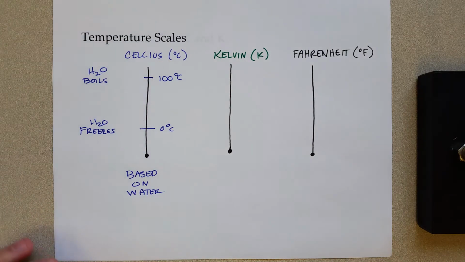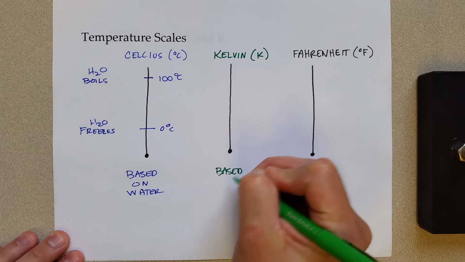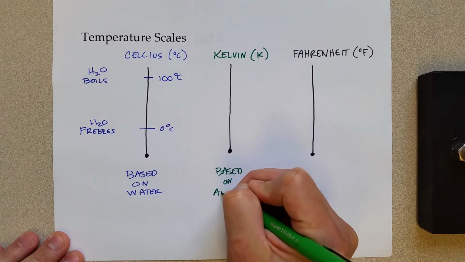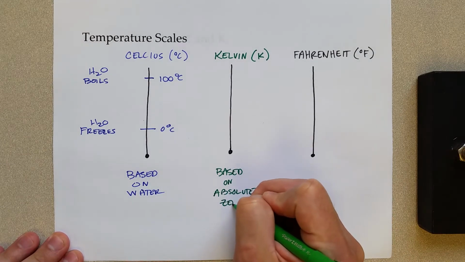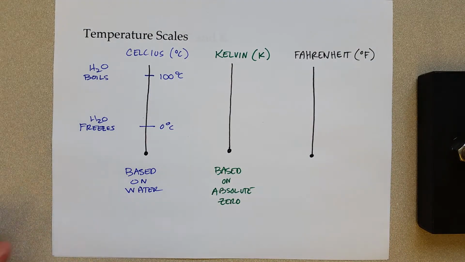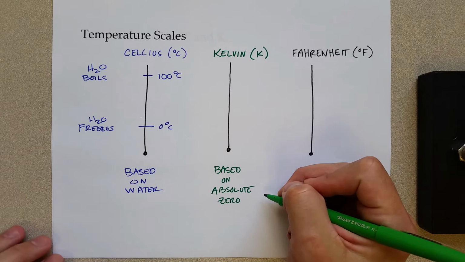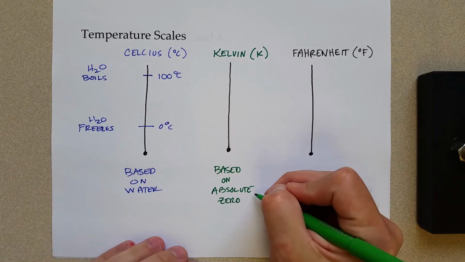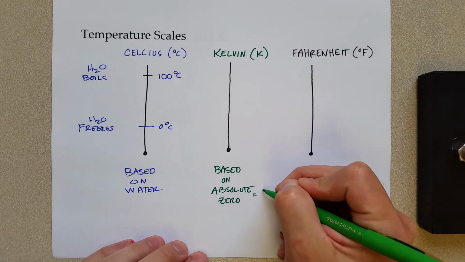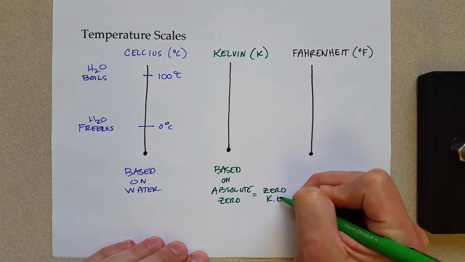The Kelvin scale was based on absolute 0, which is the temperature at which, if you think about kinetic energy, temperature is a measure of kinetic energy. If the sample has 0 kinetic energy, that is what's known as absolute 0. No molecular motion, 0 kinetic energy.